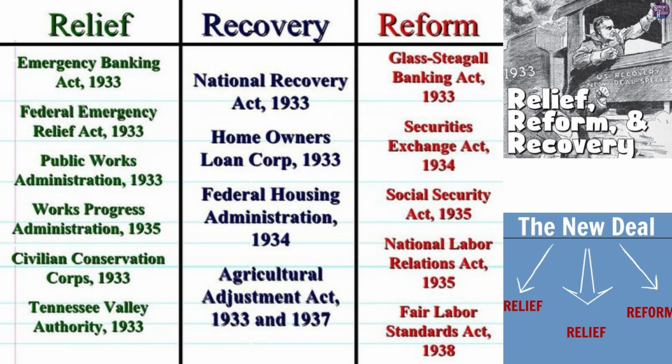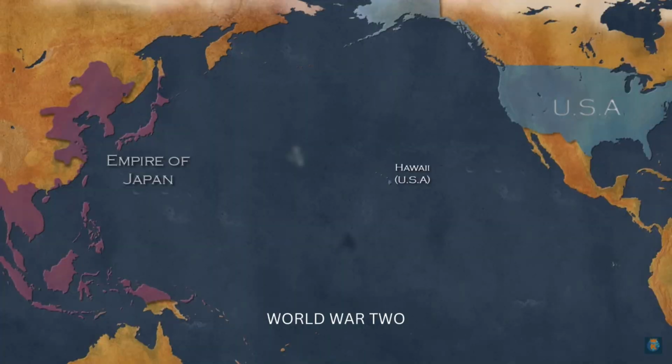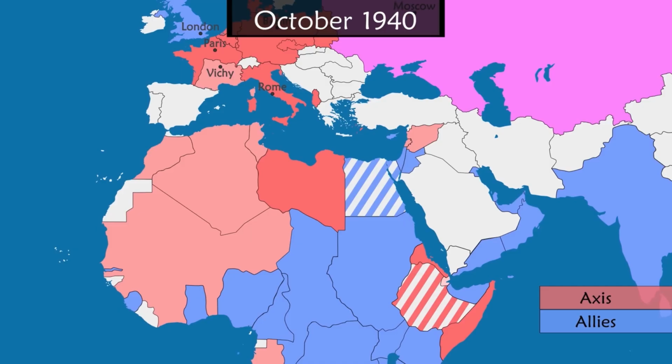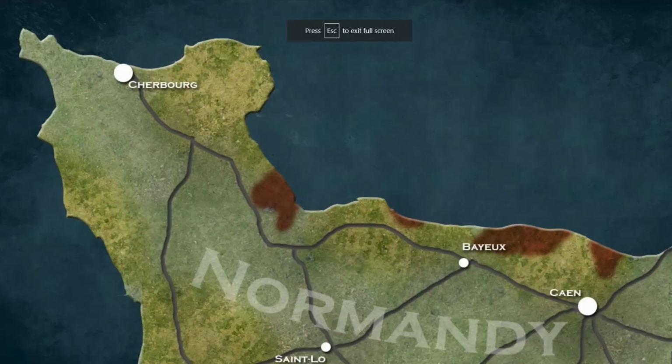World War II, fought from 1939 to 1945, saw the United States enter the conflict following the Japanese attack on Pearl Harbor in 1941. The war ended with the Allied victory in 1945, but it also left a devastating toll in terms of human lives and infrastructure.